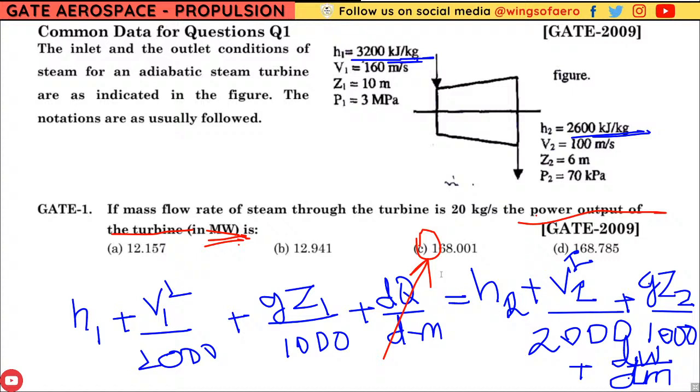Excuse me, ma'am, the value of Q? Q will be 0. Turbine, see it is indicated turbine. What I said, for a turbine, Q will be 0. No heat is added. Only work is done, correct?